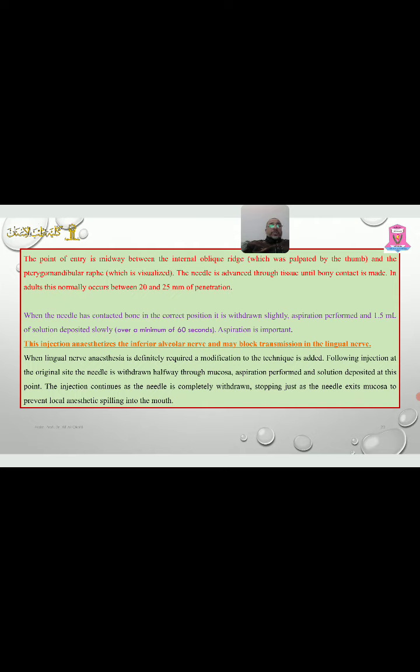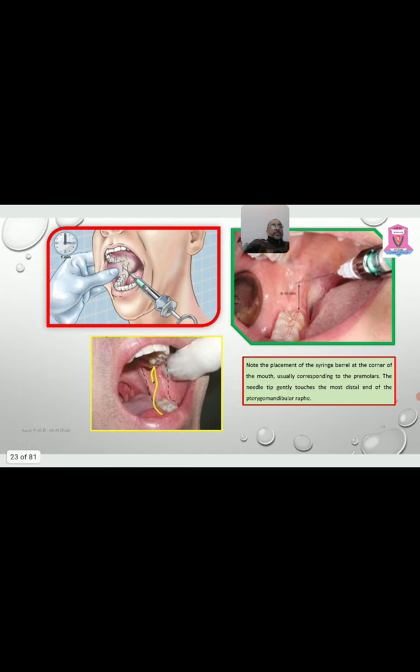The injection continues as the needle is completely withdrawn, stopping just as the needle exits from the mucosa to prevent local anesthetic spilling into the mouth. So when you want to anesthetize the lingual nerve, you make contact with the bone, and during withdrawal of the injection you still continue to deposit the local anesthetic solution to anesthetize the lingual nerve.